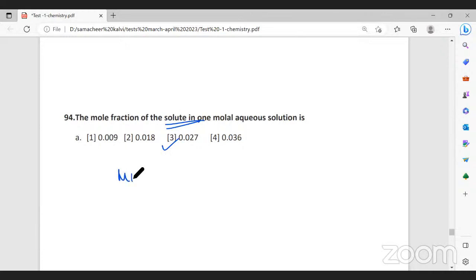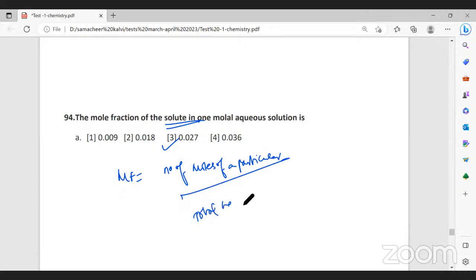Mole fraction is calculated by the formula: number of moles of a particular component divided by total number of moles. When we say total number of moles, it is number of moles of solute plus number of moles of solvent. Surely we know the number of moles of solvent.